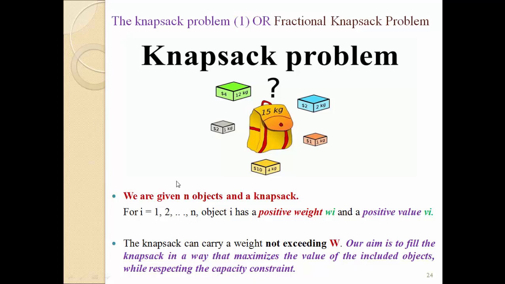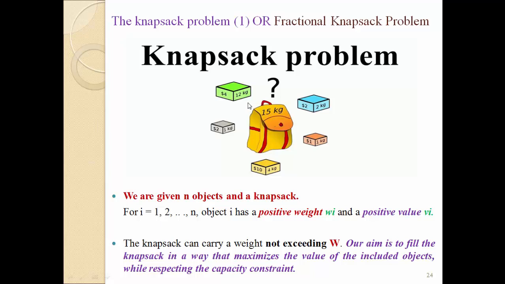Again I am repeating what the problem is: we have a set of objects, every object has some weight and value, and we have one knapsack, that is a bag, and the bag has one capacity constraint, that is capital W. It indicates that this bag can carry a maximum of capital W kilogram.